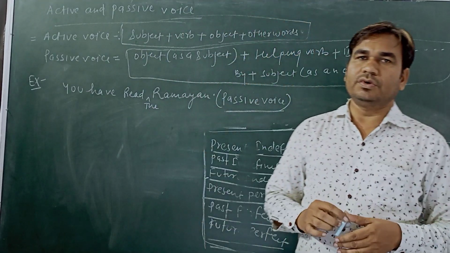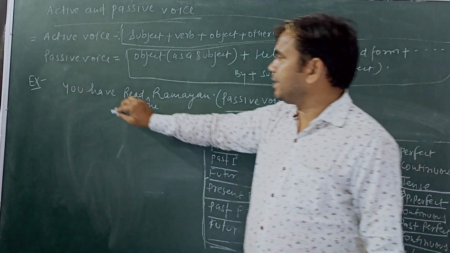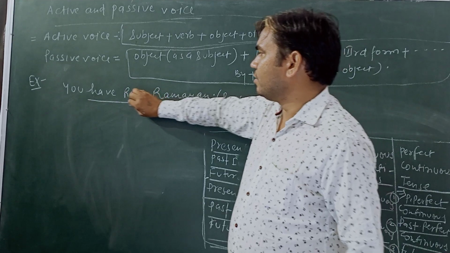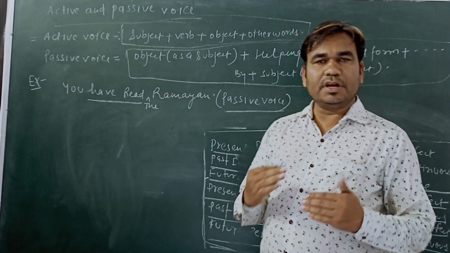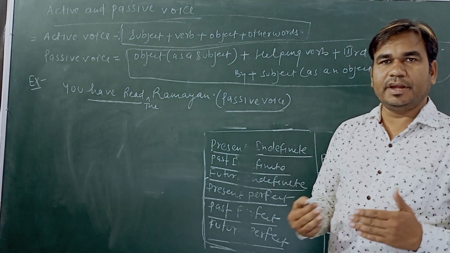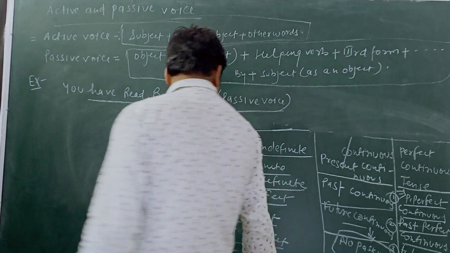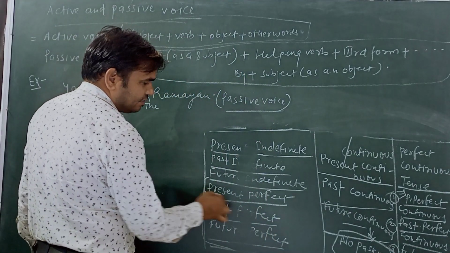So one thing you should know, students, is that the tense verb is "have read". Have plus third form generally comes in present perfect tense. It means to say that it is present perfect tense.